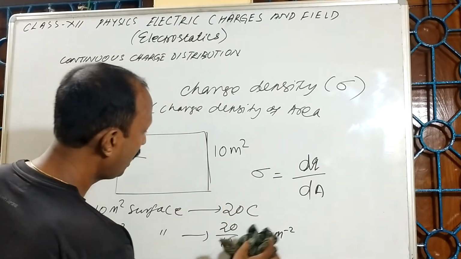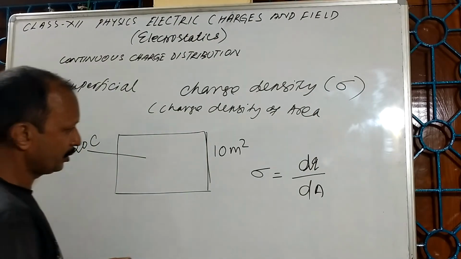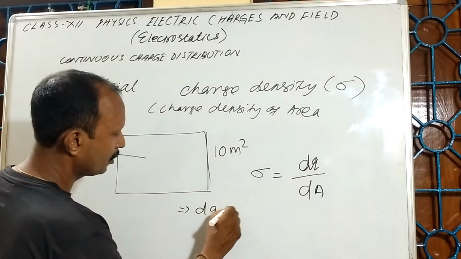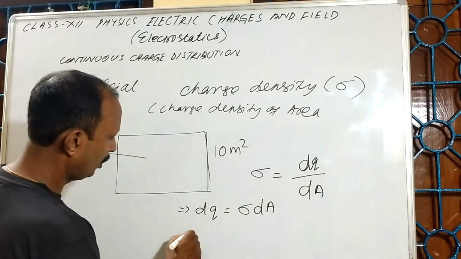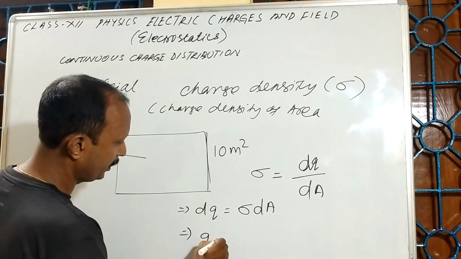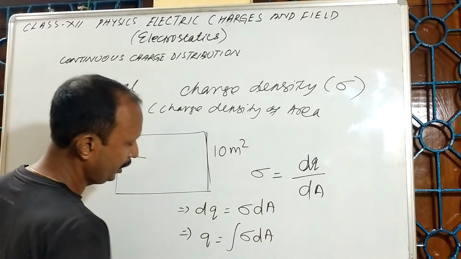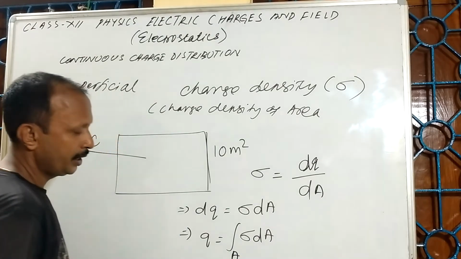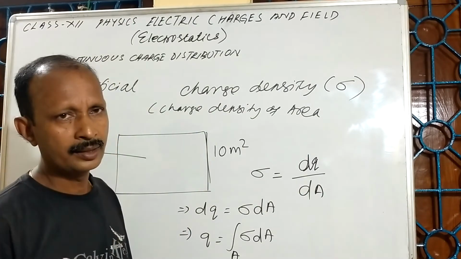I can write this as dq is equal to sigma into dA, or if I take the integration, q is the integration of sigma dA. So this is the integration over the area.